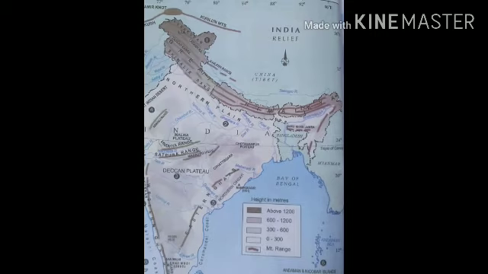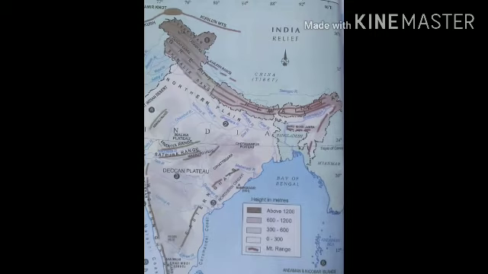And we have studied about peninsular plateau, that it was the oldest landmass and a part of Gondwana land. Now let's start with Himalayan mountains, as we are studying physical division. So first we will start with Himalayan mountain.